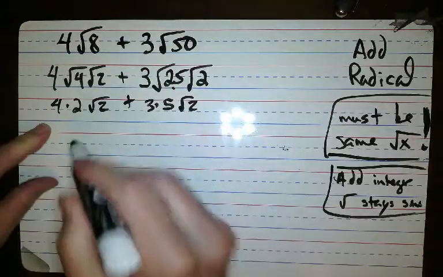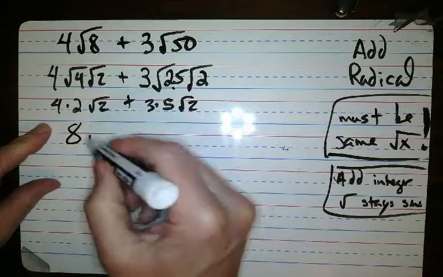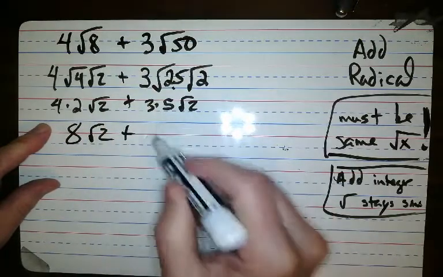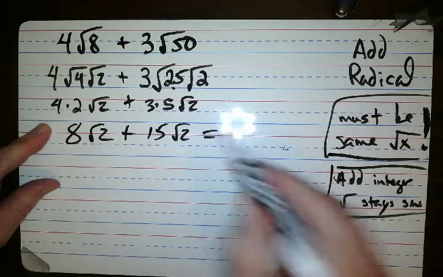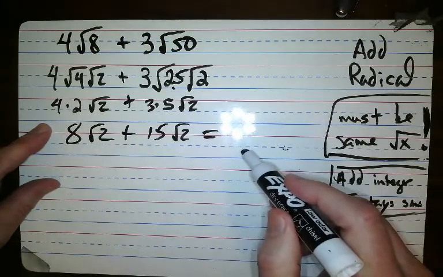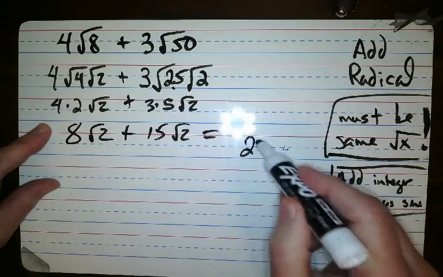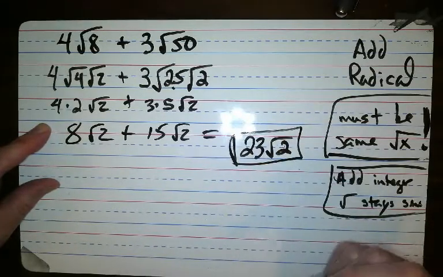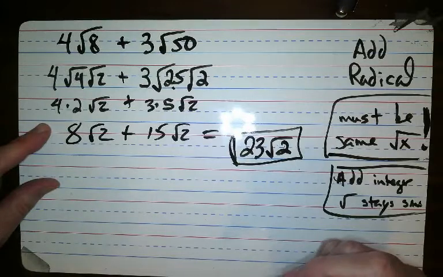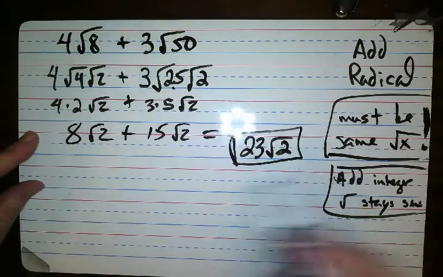So 8 radical 2 plus 15 radical 2 equals, what do you think? 23 radical 2. Hoorah! Hoorah! Do it again.